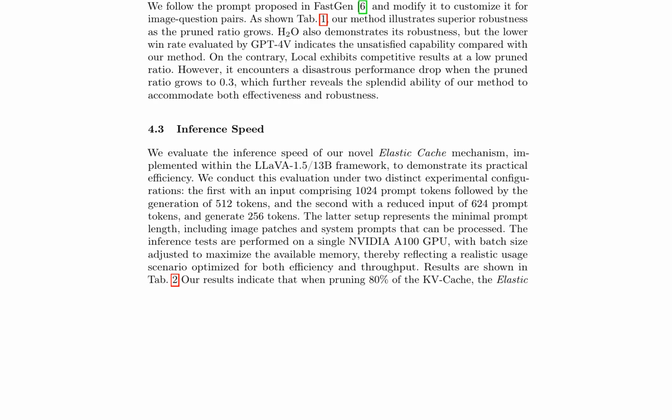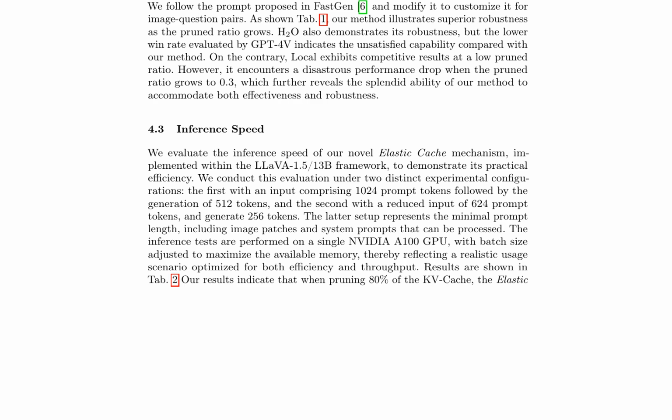The inference speed of the novel elastic cache mechanism is evaluated within the LLaVA 1.5 13B framework, showcasing practical efficiency. The evaluation is conducted under two distinct experimental configurations, with input sizes of 1024 and 624 prompt tokens, and generation sizes of 512 and 256 tokens, respectively.